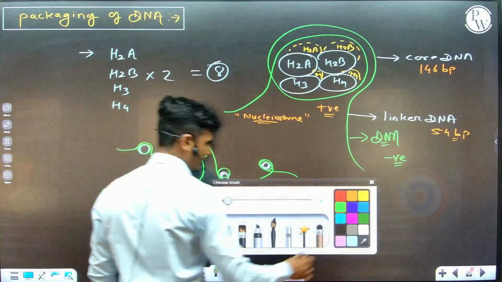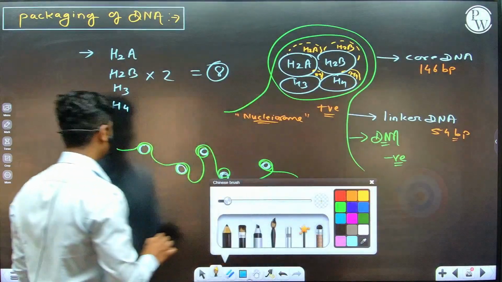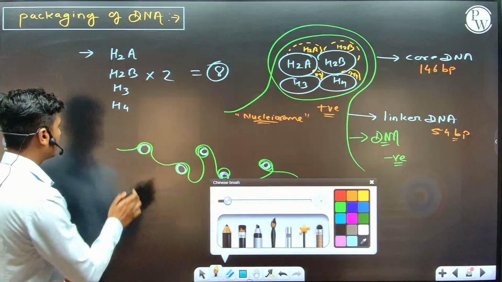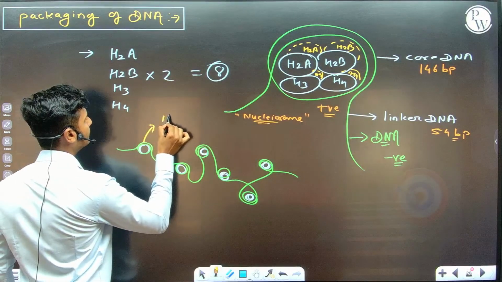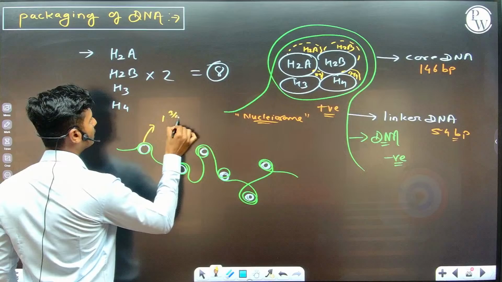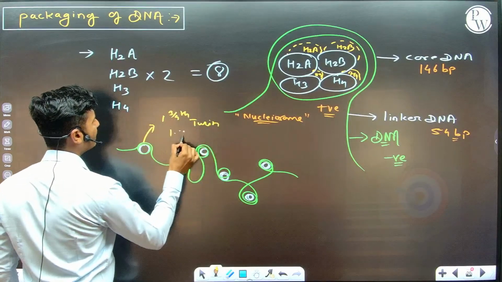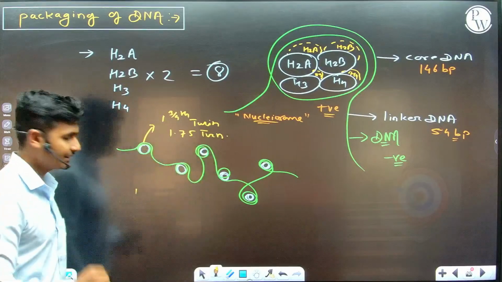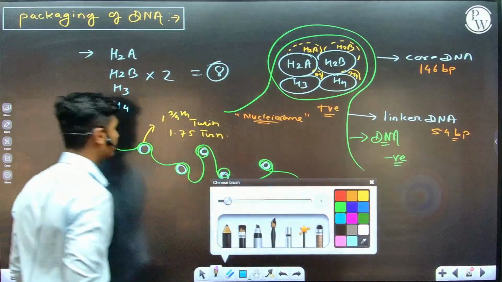If in NEET exam they are asking you how many turns it took to wrap the histone octamer, this is known as 1 and 3/4 turn, or we can say 1.75 turn. 1.75 turn or 1 and 3/4 turn. Now second question.